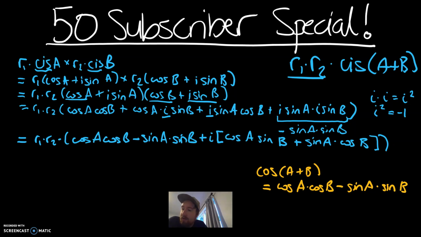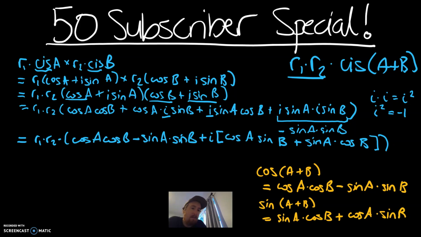And the other part I want to draw our attention to is another one of these formulas, the sine equivalent. So sine A plus B, that is always equal to sine A times cosine B plus the opposites of those, cosine A and sine B. And if you have a look at the last part, or our square bracket part, they are in the wrong order, but we've got a cosine A sine B to start off with, and then a sine A and a cosine B after that.